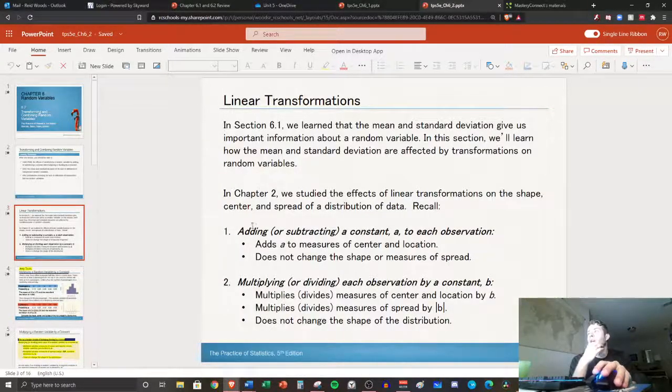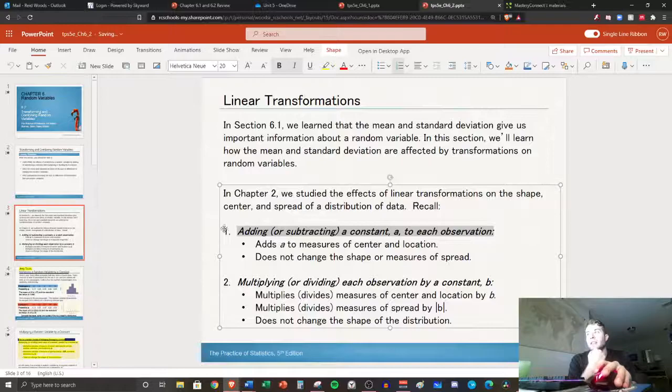we used right here. So linear transformations, that's what we're doing. What happened when we added or subtracted a constant? Well, it changed the center and location, but it didn't change the shape or spread. So addition only changes the mean. Addition and subtraction only changes means. However, multiplying or dividing multiplies or divides the center, everything basically. It just doesn't change the shape.